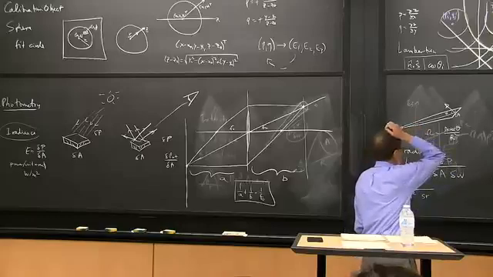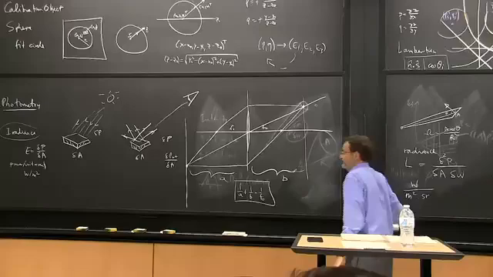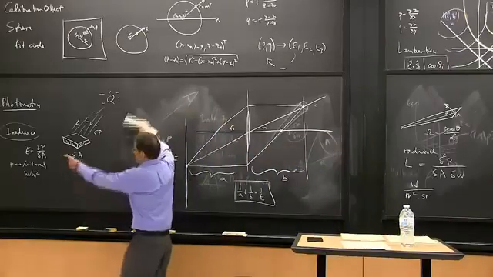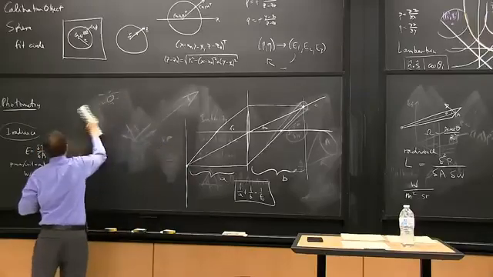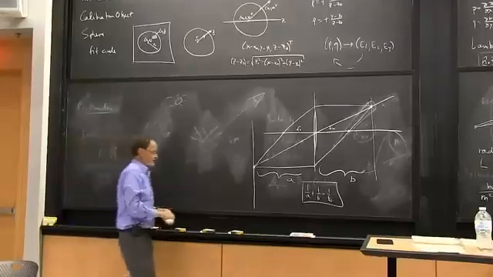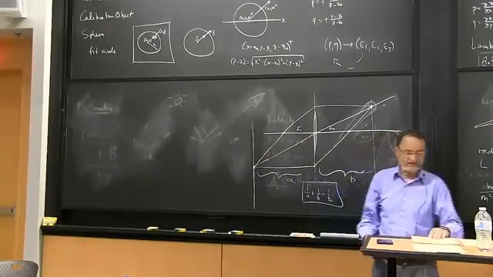Okay, so now we're ready to put it together to see what the irradiance in the image is given an object radiance out in the world. So we'll draw a diagram of a simple imaging system that includes a lens.